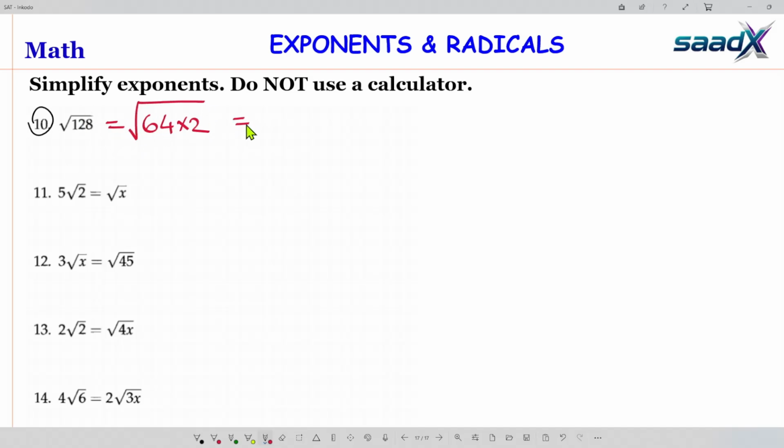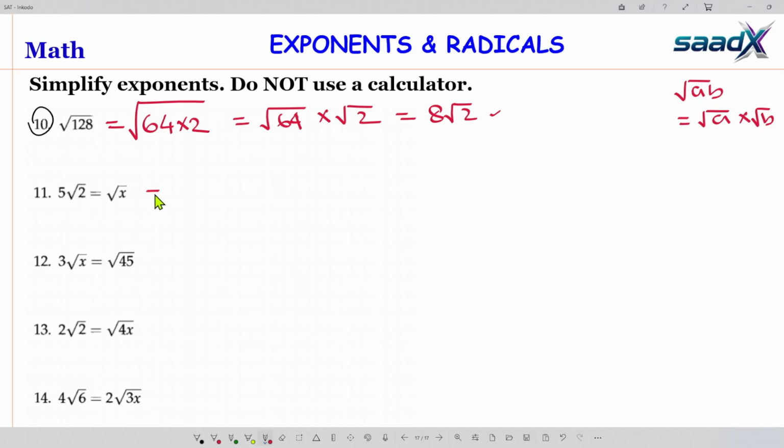This 64 is a perfect square, so we can write root 64 times root 2, because root of ab can be written as root a times root b. So root 64 means 8, and here is root 2. This is our answer.